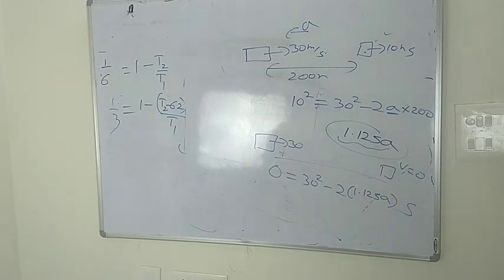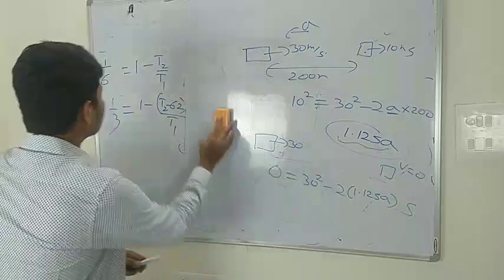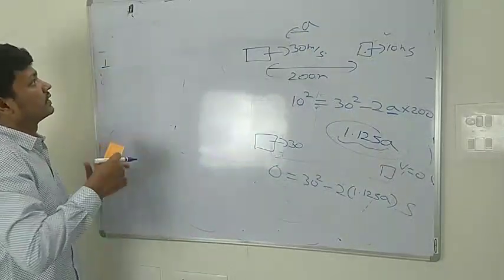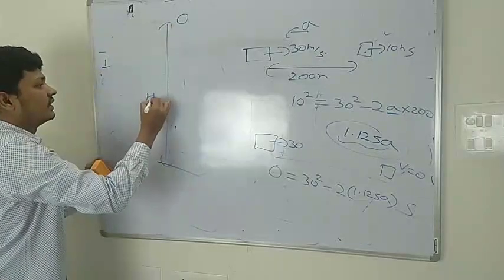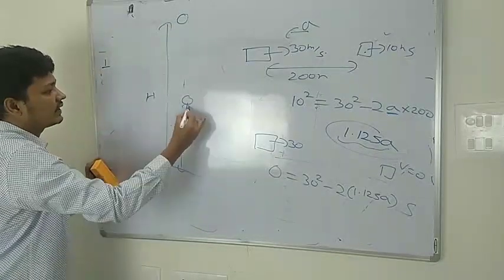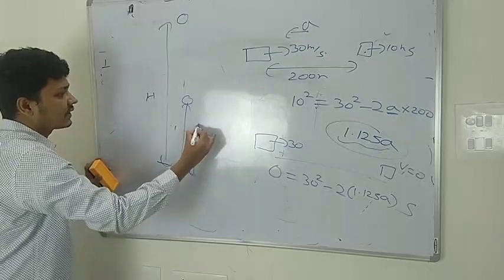A stone is dropped from the top of a tower. It travels half of the height of the tower during the last second. Total height is h. It travels half of the height, h by 2, in the last second.